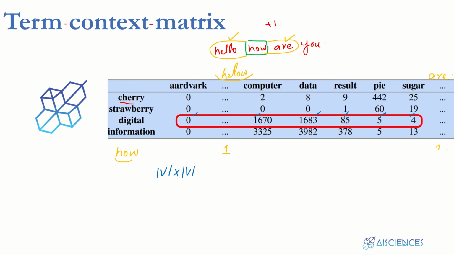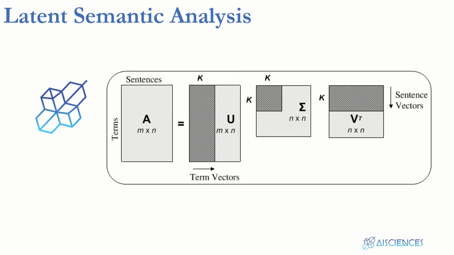So one way of getting the dense representations is very close to applying linear dimensionality reduction. It is very similar to PCA, principal component analysis, and here it is exactly SVD.